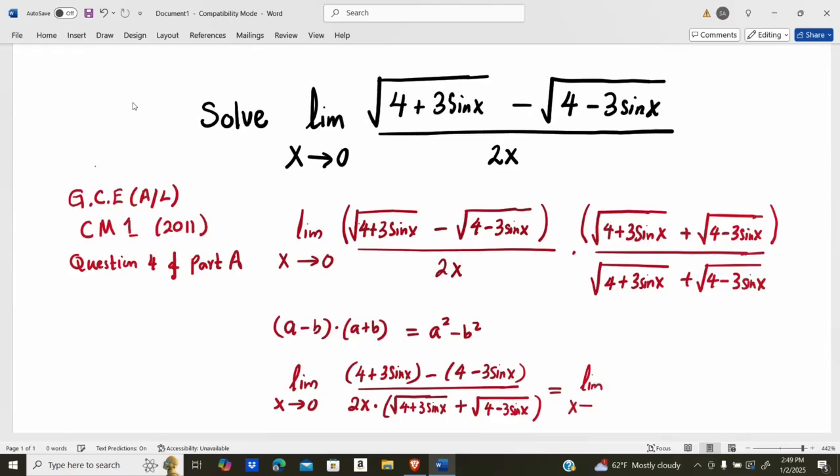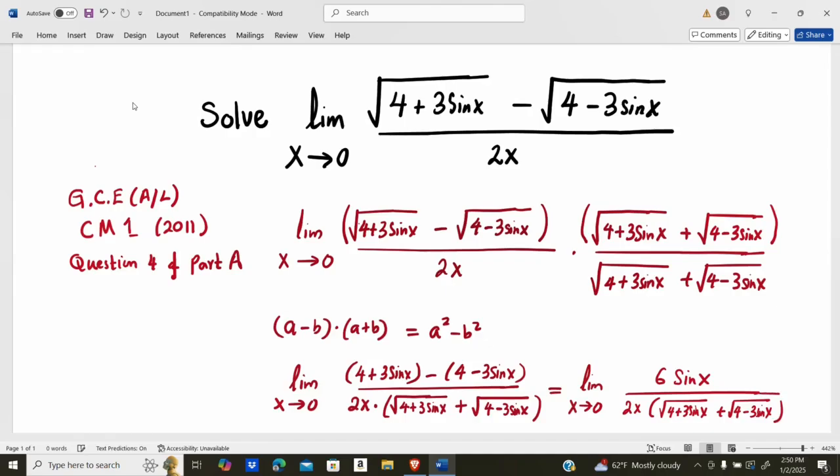Limit as x goes to 0. Now the numerator becomes 4, and there's a minus 4 from here, and that cancels with the positive 4. And then there's a minus times minus 3 sine x and plus 3 sine x, so that's going to give you 6 sine x in the numerator. And then there's 2 times x multiplied by square root 4 plus 3 sine x plus square root 4 minus 3 sine x.